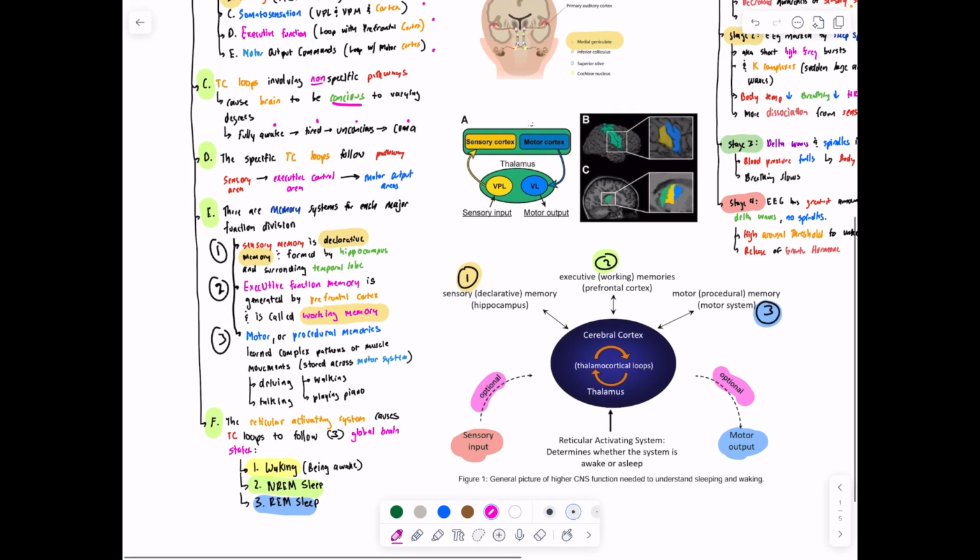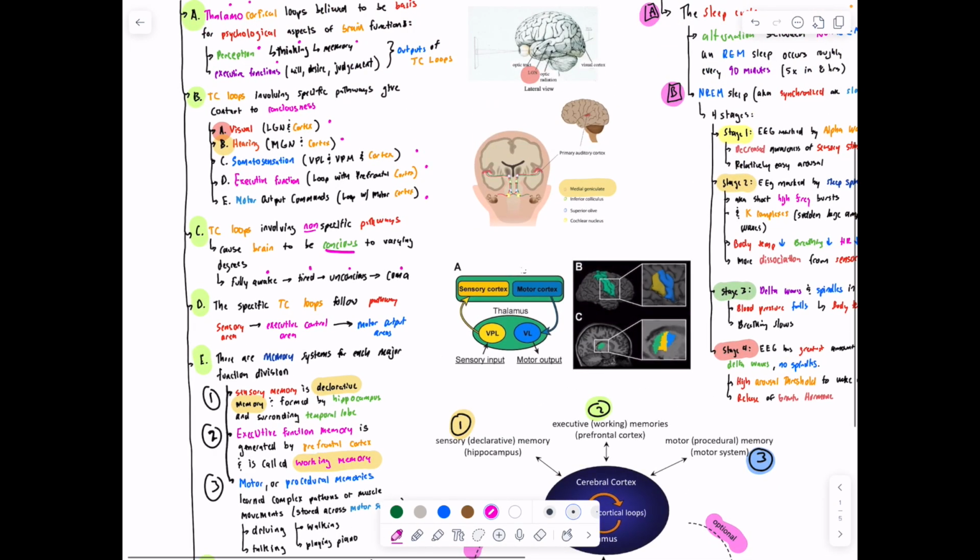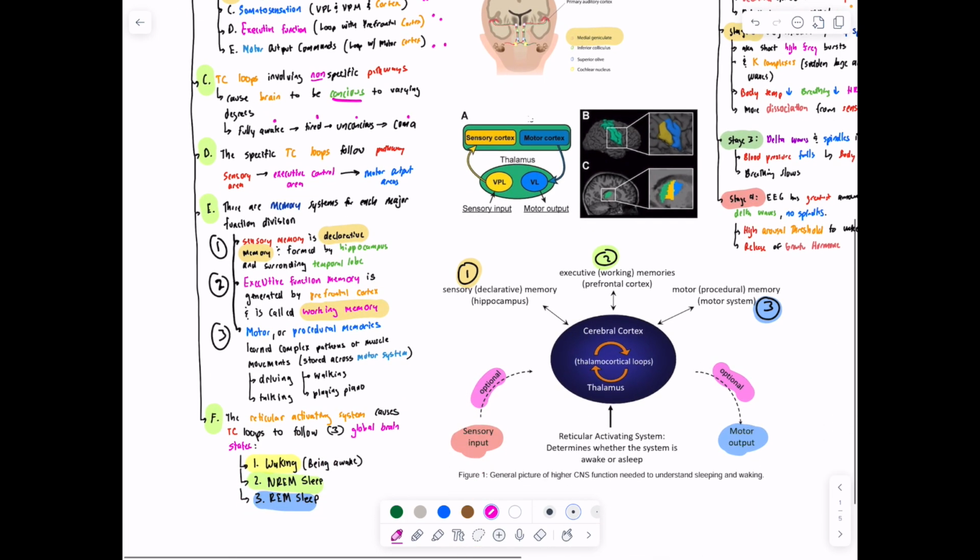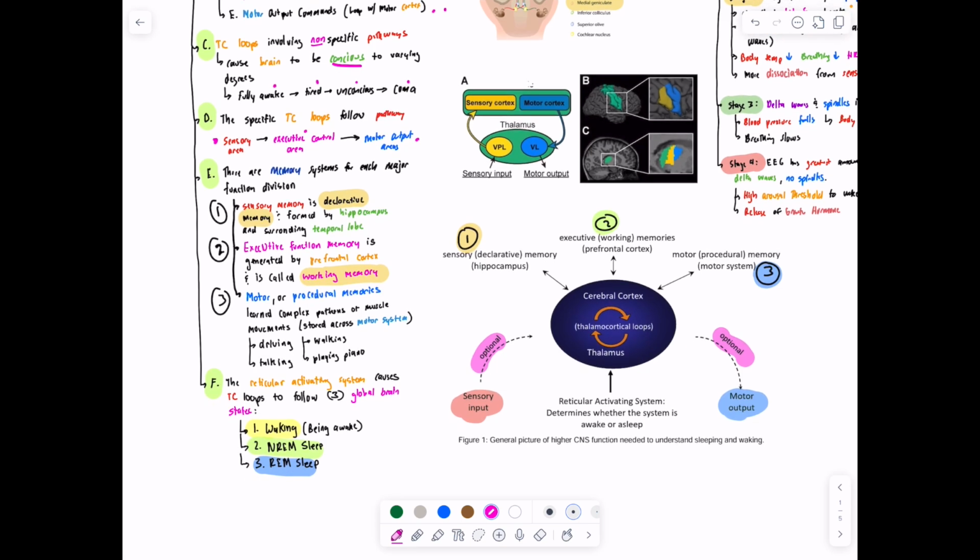Okay, so the specific thalamocortical loops that are doing something with vision, hearing, smell, sensation, executive function, or motor output, you have general pathways: some sort of sensory area, some sort of executive control area, think frontal cortex, and then some sort of motor output area. But there are memory systems for each of the major functional divisions.